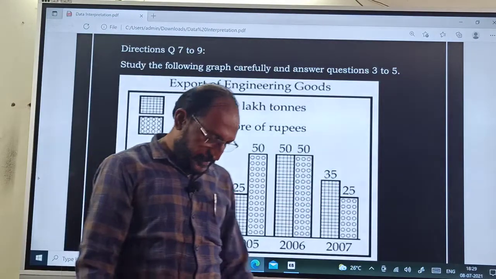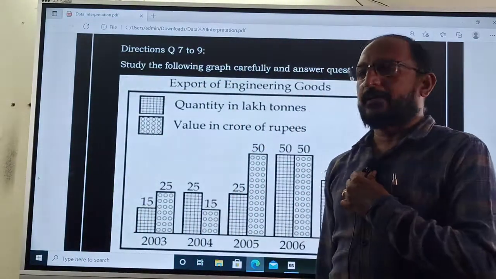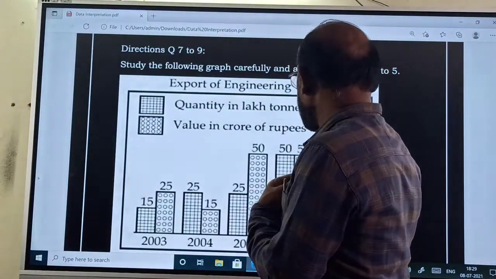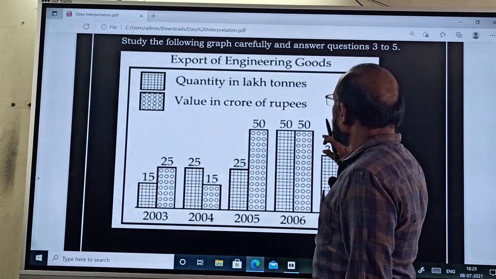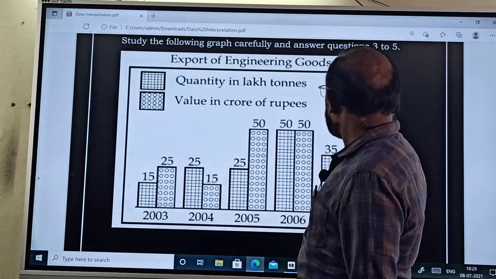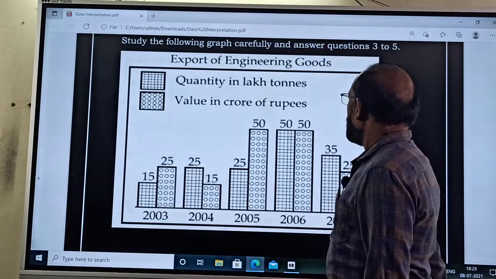Now 7 to 9, another graph is given. Bar graph, multi-bar. Study the following graph carefully, answer the questions 3 to 5. Bar graph.